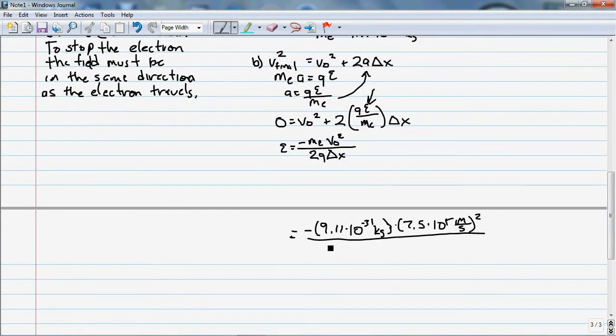And now I can do my charge. So 2 times negative 1.6 times 10 to the minus 19th coulombs, and my distance is 4 centimeters, so 0.04 meters, and that gives me a total of 0.034 newtons per coulomb.